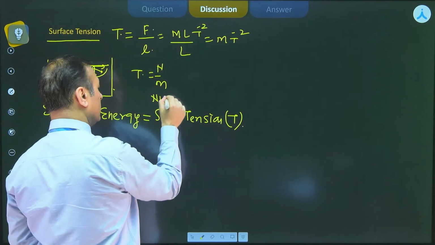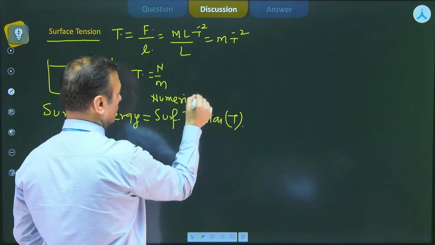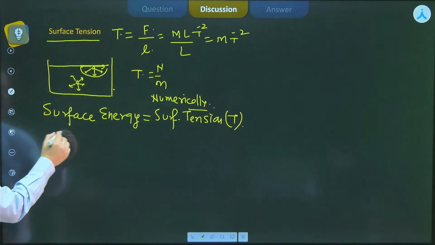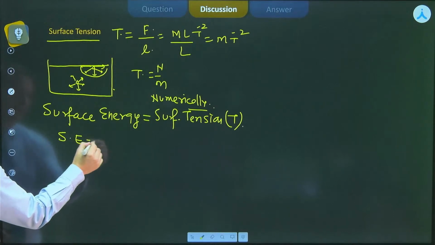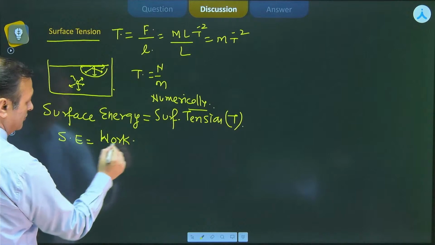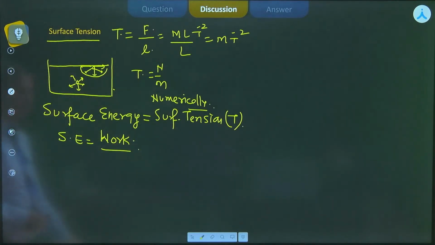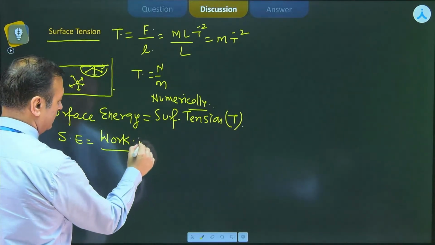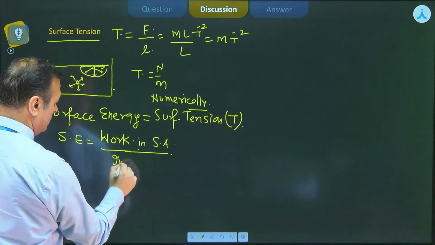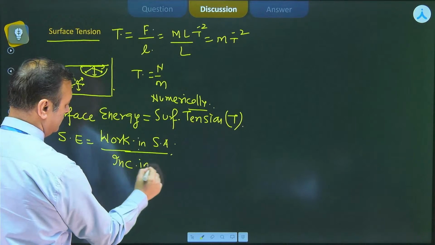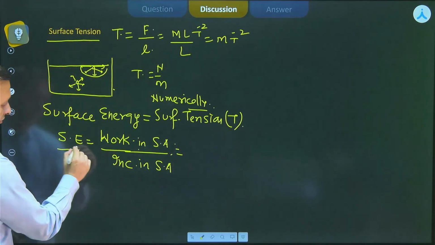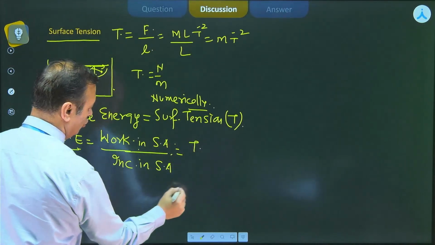If I need to define it, surface energy is the work done in increasing the surface area, per unit increase in surface area, and numerically I can put surface energy as tension also.